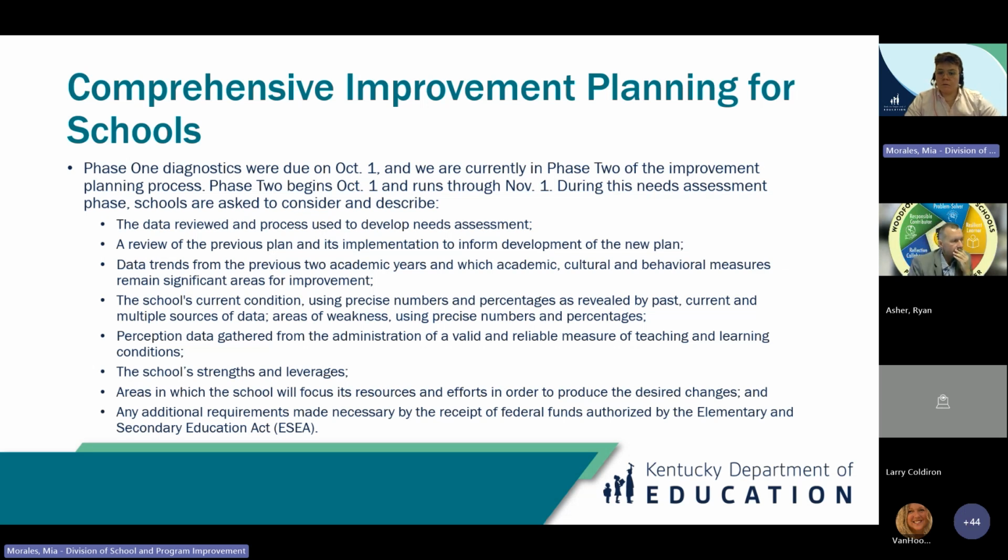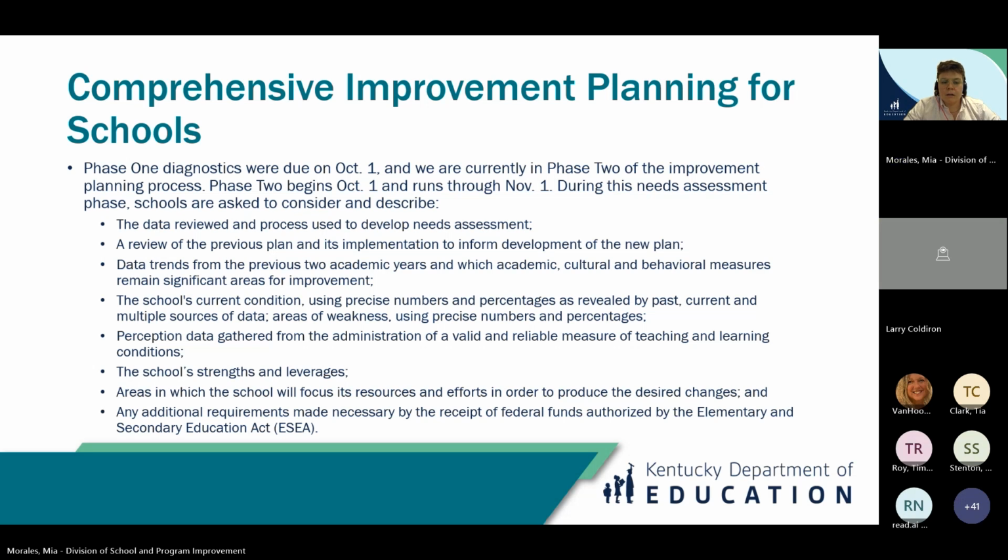Phase 2 ends on November 1st, and this is going to be the needs assessment phase, in which schools are asked to consider the data reviewed and the process used to develop their needs assessment, a review of the previous plan and its implementation, data trends from the prior two academic years, including academic, cultural, and behavioral measures, the school's current condition using precise numbers and percentages, perception data gathered from administration of a valid and reliable measure of teaching and learning conditions, the school's strengths and leverages, areas in which the school will focus its resources and efforts in order to produce desired changes, and any additional requirements necessary by the receipt of federal funds.